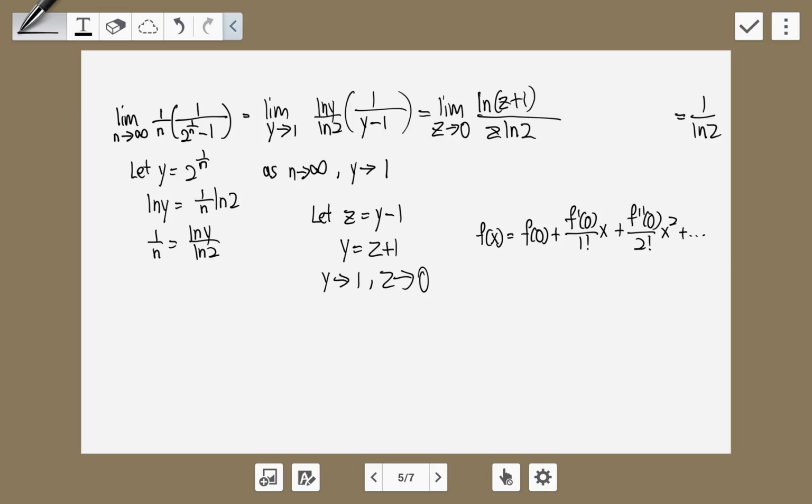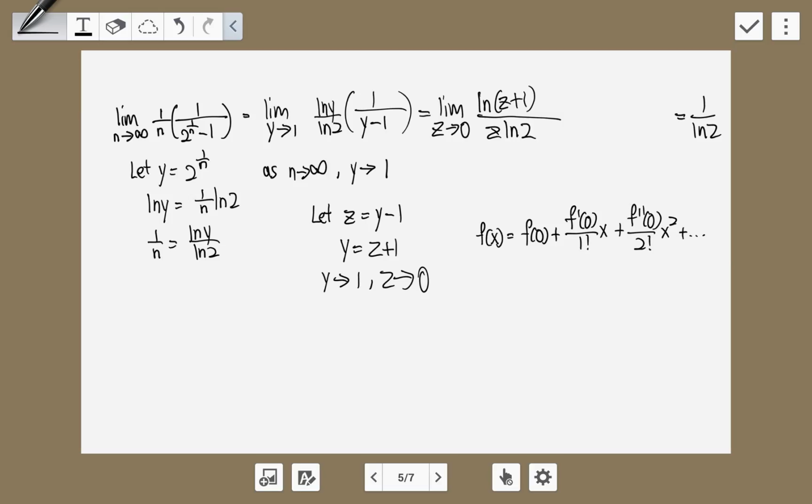But we know that z is very small, so if you square it, it is insignificant and you can just ignore this term. But it is significant up to z because there's a z at the bottom, so you still need to cancel it away.